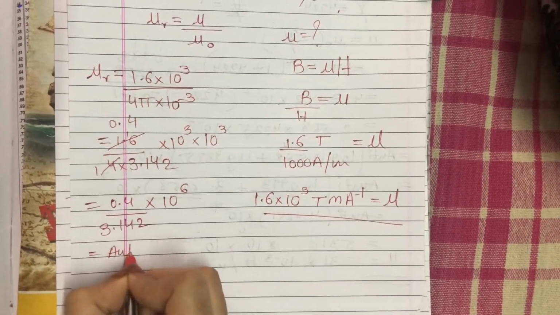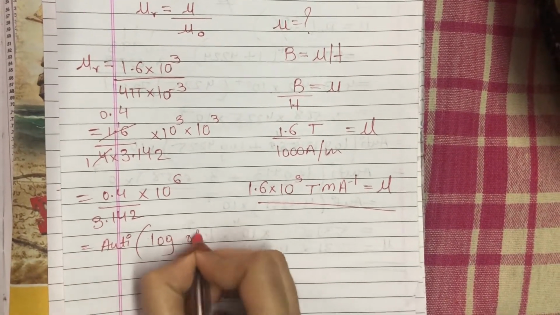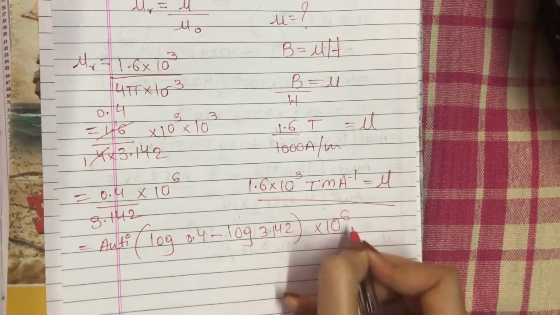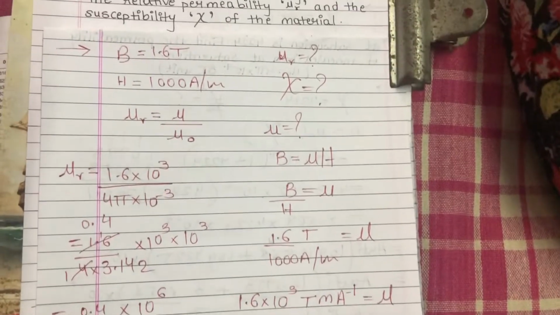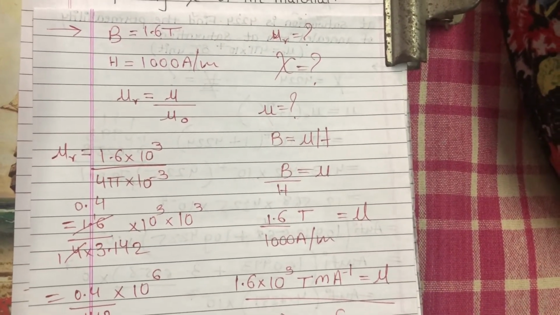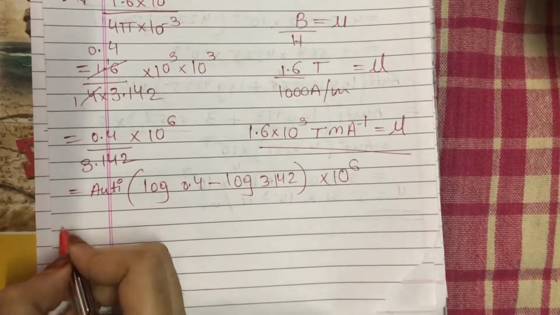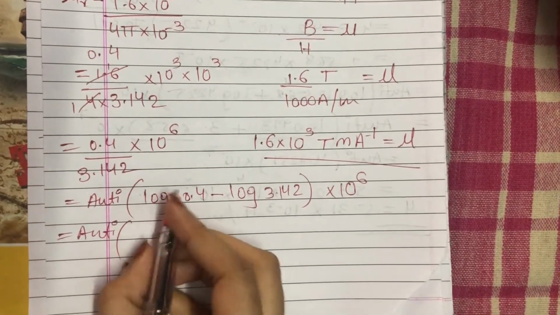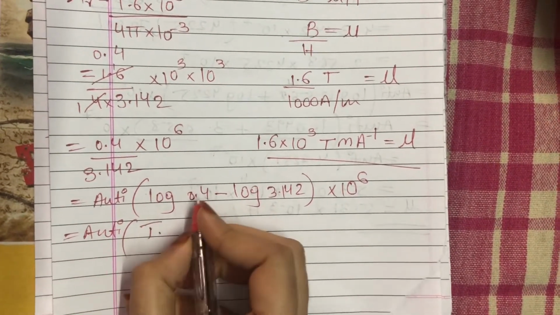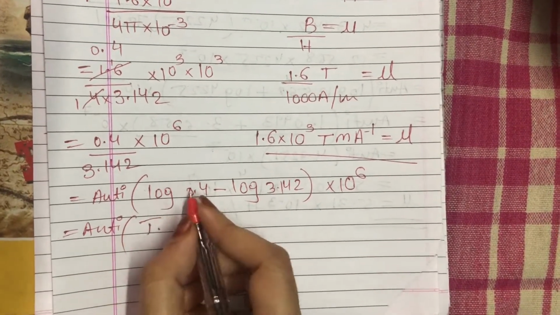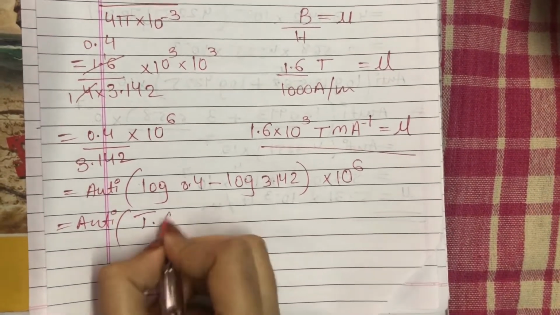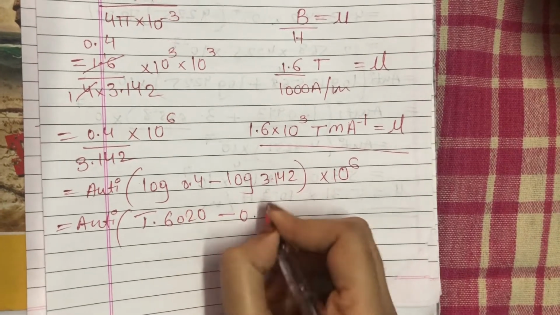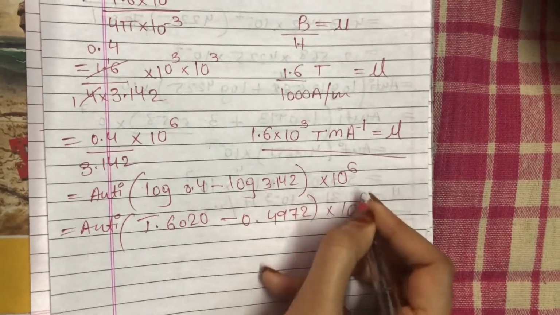Now you can go with log and anti-log. Anti-log of 0.4 minus log of 3.142 into 10 raised to 6. Okay, I was just checking whether I have taken proper numbers or not. So here we have bar point, log of 0.4, look at 40 for 0, it is 6020, minus log of 3.142, which will give you 4972, into 10 raised to 6.